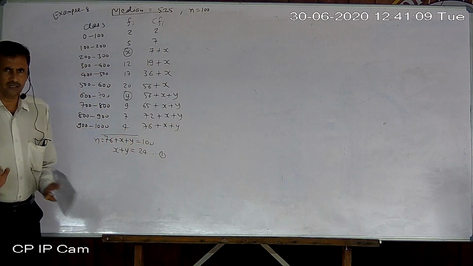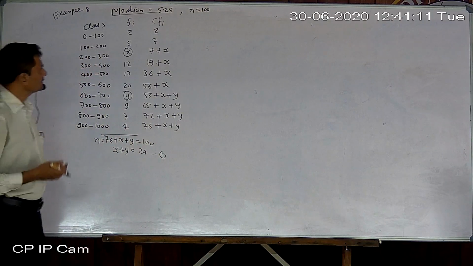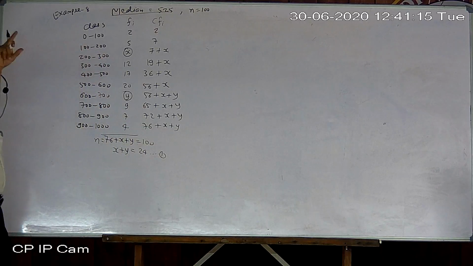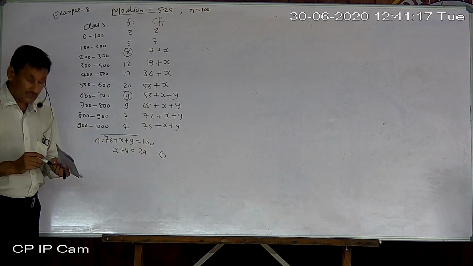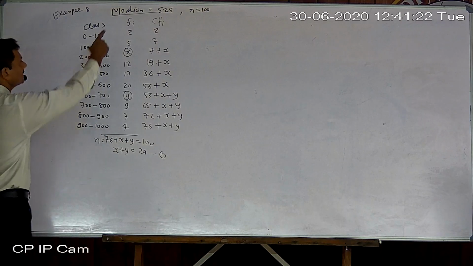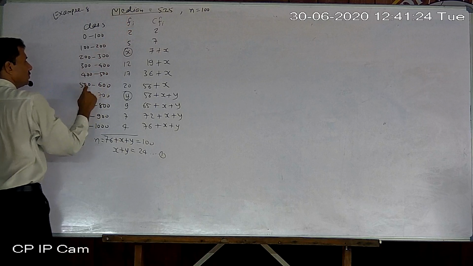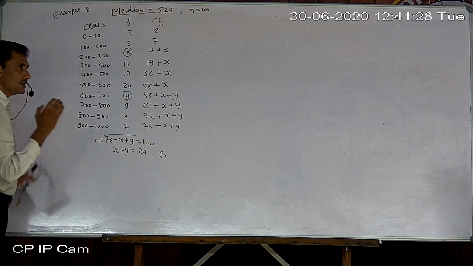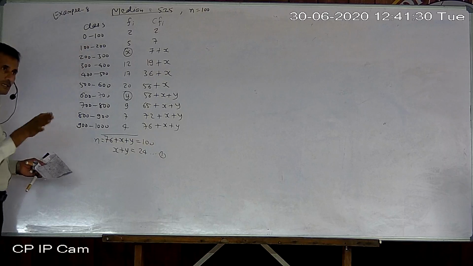Now the table is over. Only 3 columns are there in the median sum. Now, one other thing. In finding the mean sum, we used to locate the median class by finding n by 2. But here, the median is already given. So there is no process to find the median class. You can say indirectly the median class is also given.